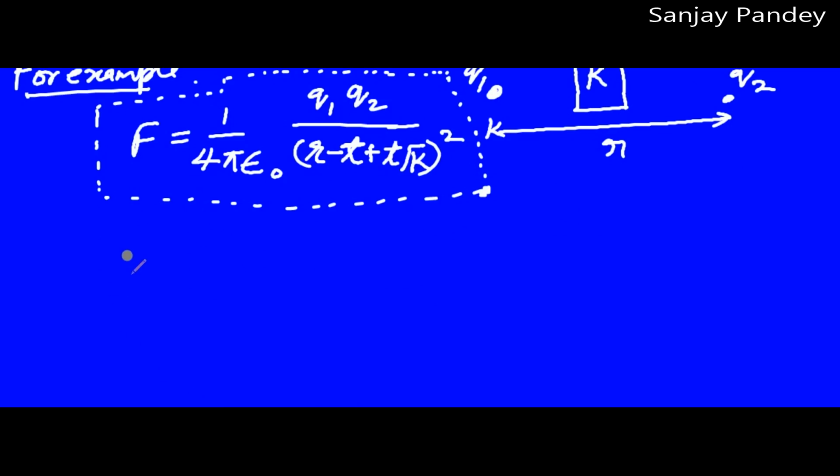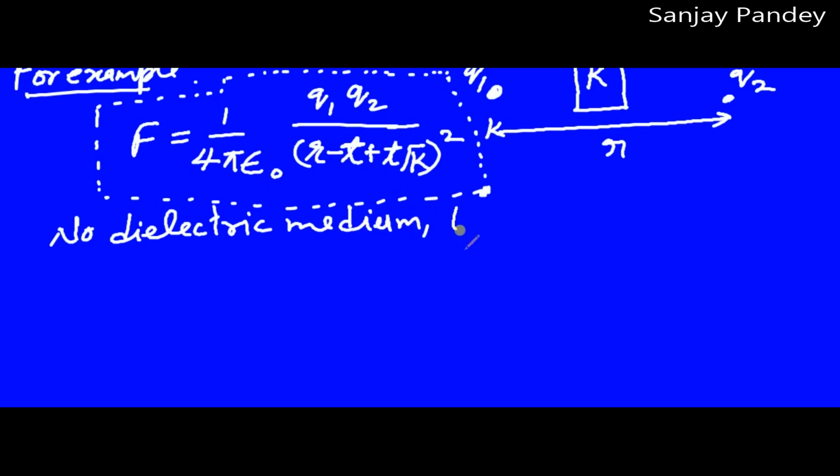If there is no dielectric medium, then t will be equal to 0. That is, the thickness of this dielectric slab will be equal to 0.